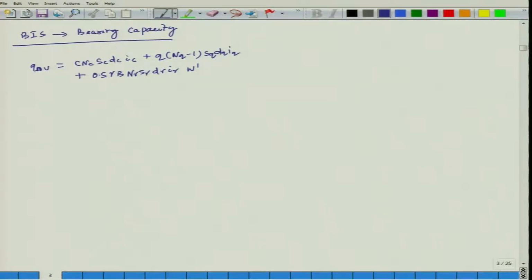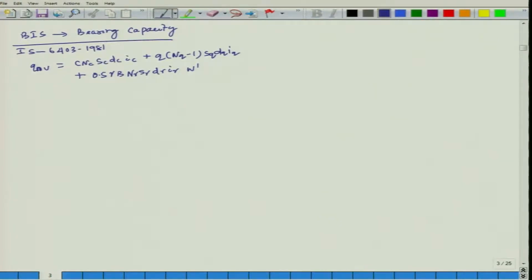This is the Bureau of Indian Standards code; you can note the number, IS 6403 1981, which has been revised. You can download IS 6403 from your library if it is accessible.